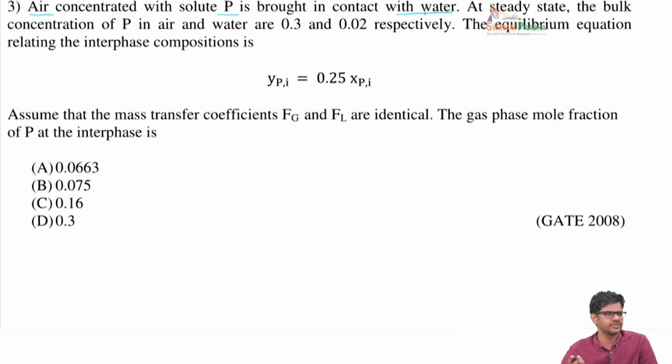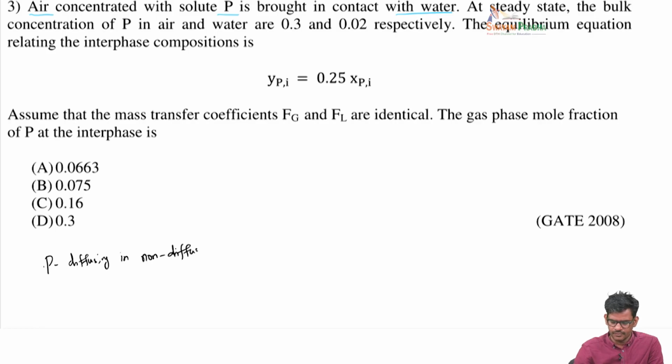So again we are talking about something like an absorption problem, meaning that in this case not A, we are going to say P diffusing in non-diffusing B. Okay, so B is the other solute, so that's the type of mass transfer. So we have to note that down, and then it's steady state.